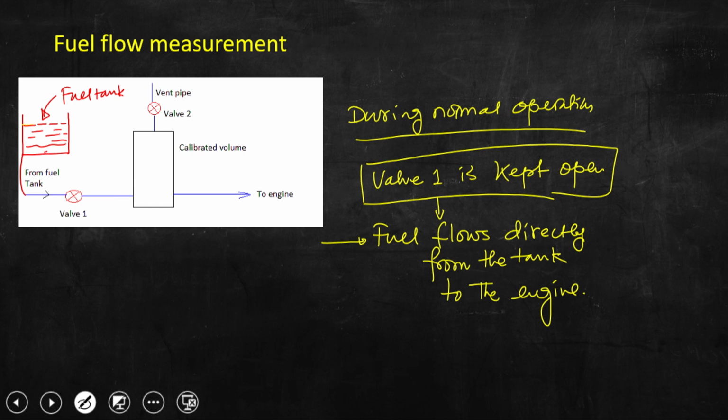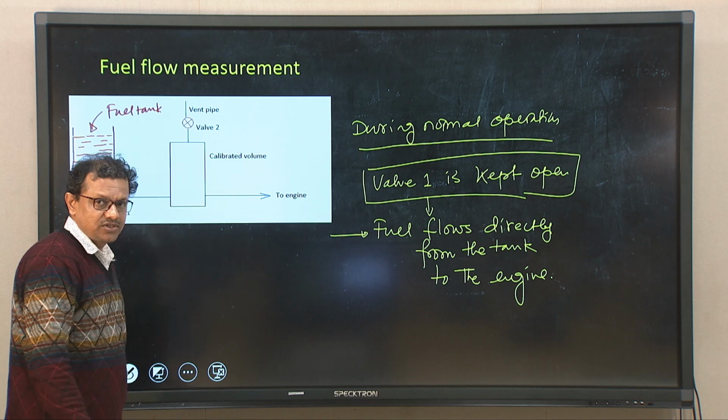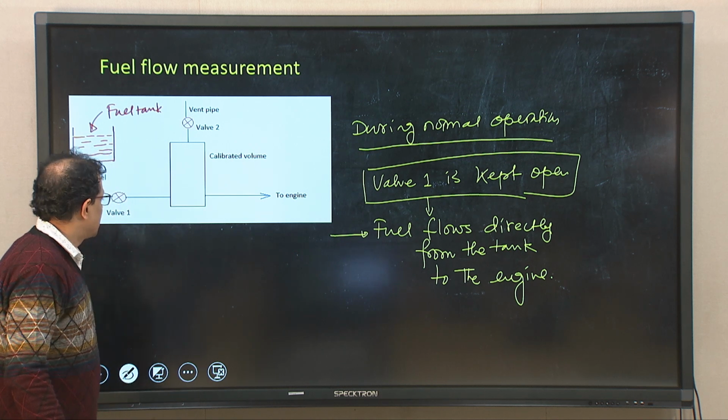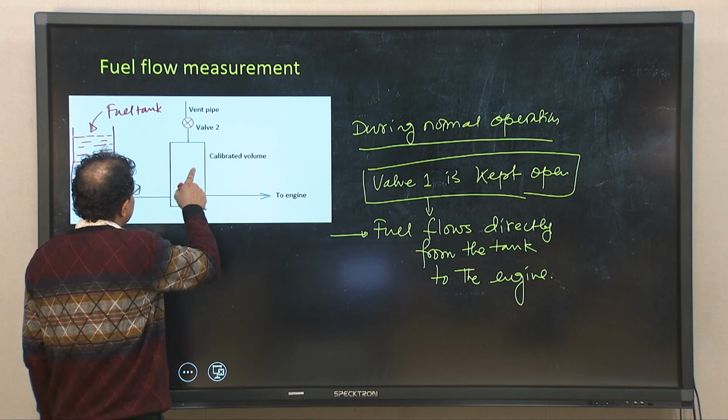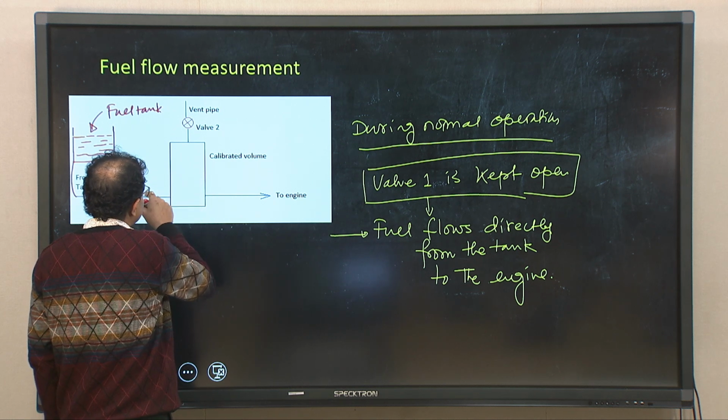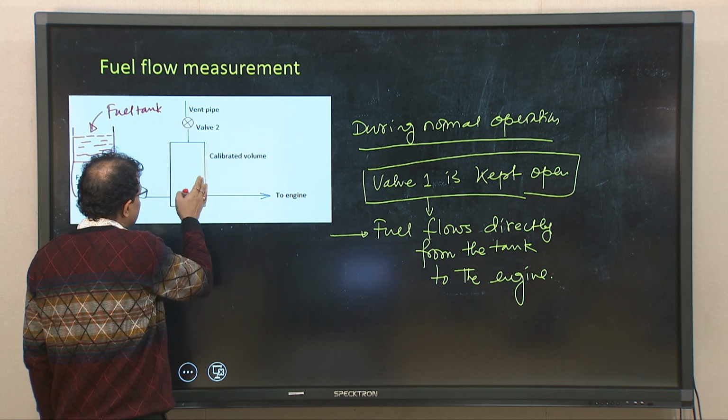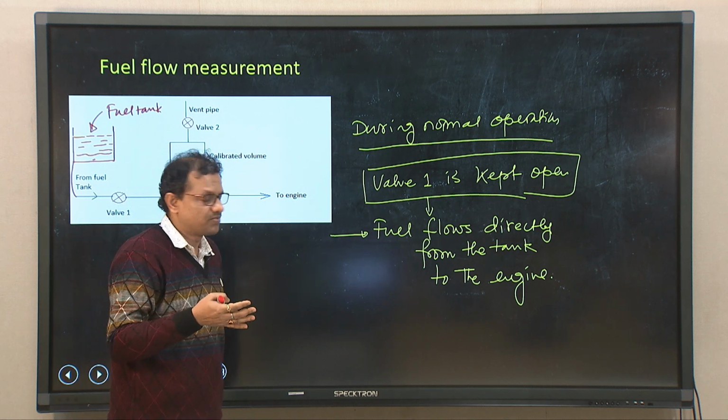You can understand why I am telling this; rather, you can try to answer this question yourself. If the vane pipe ends below the level of fuel in the fuel tank, then care must be taken to fill up this calibrated volume. You can understand from the name itself that this is a calibrated volume.